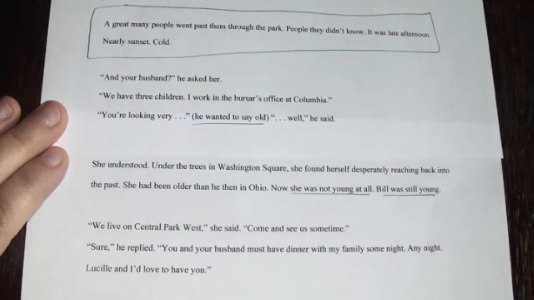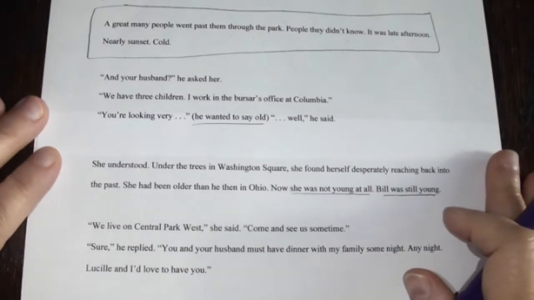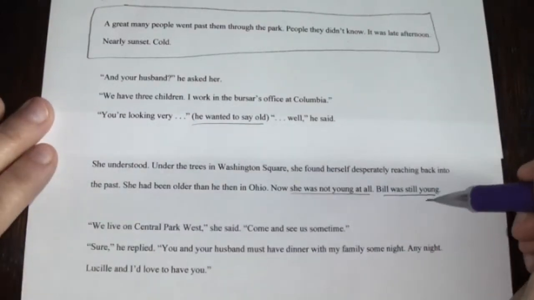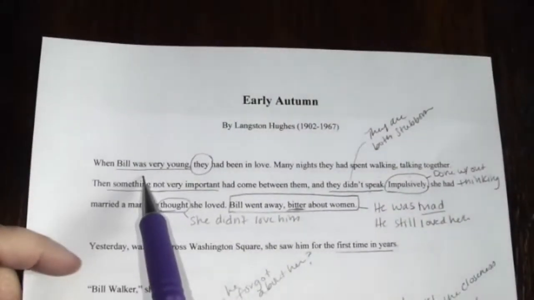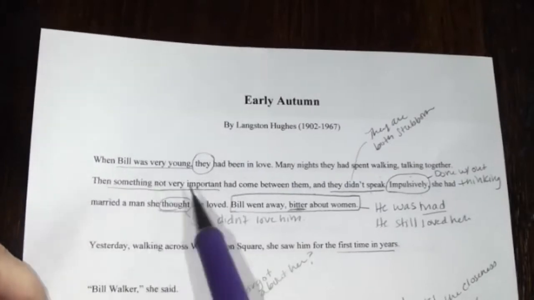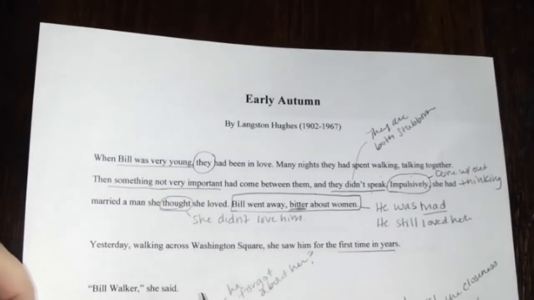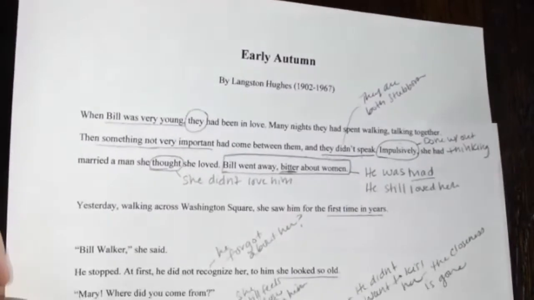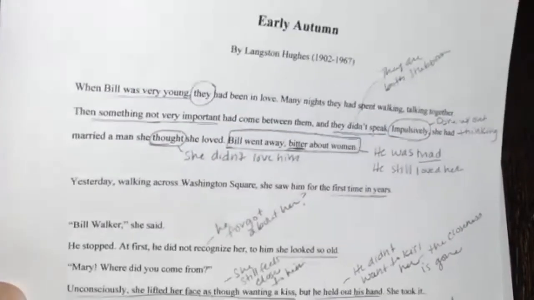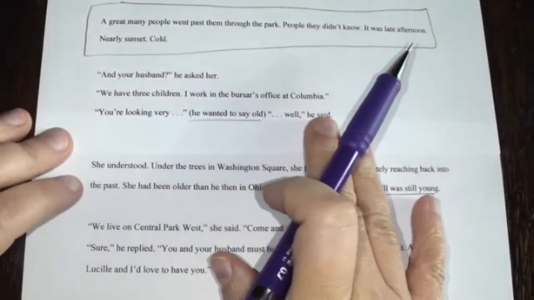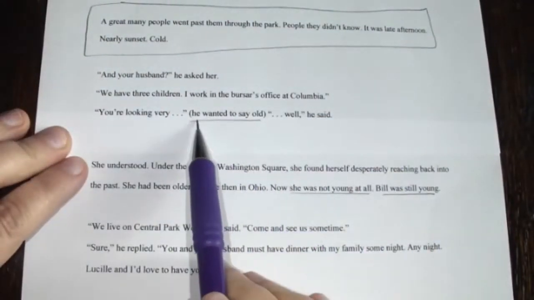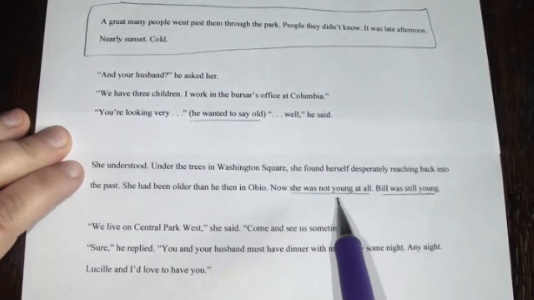Okay. So this is still just polite conversation, but we have this thing that's happening throughout this essay where it starts out that Bill was very young, right? And then she looked old. He wanted to say old. She was not young at all. Bill was still young.